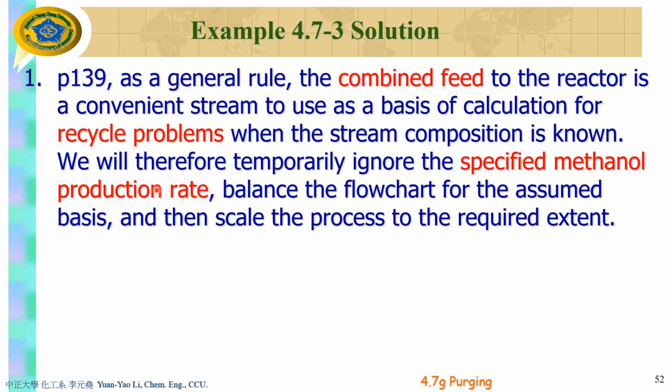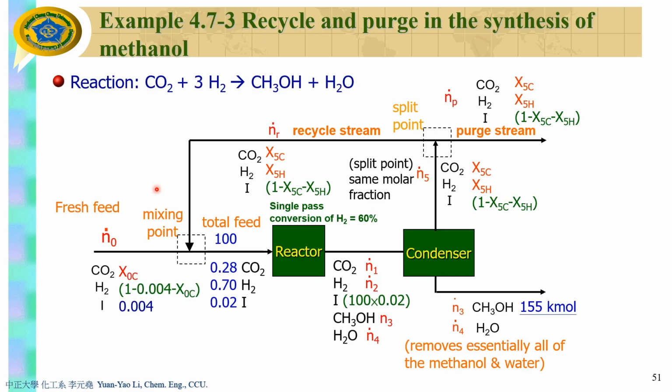So this is 155, but we treat this as unknown. Once we get this as 15.5, that means you scale up 10 times. So all the moles need to scale up 10 times.